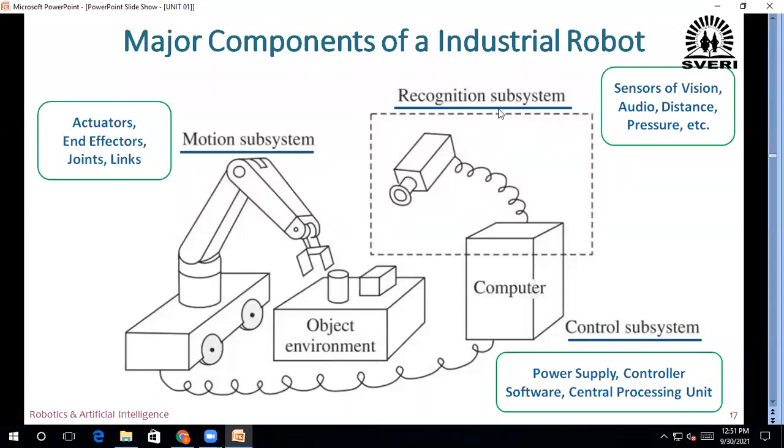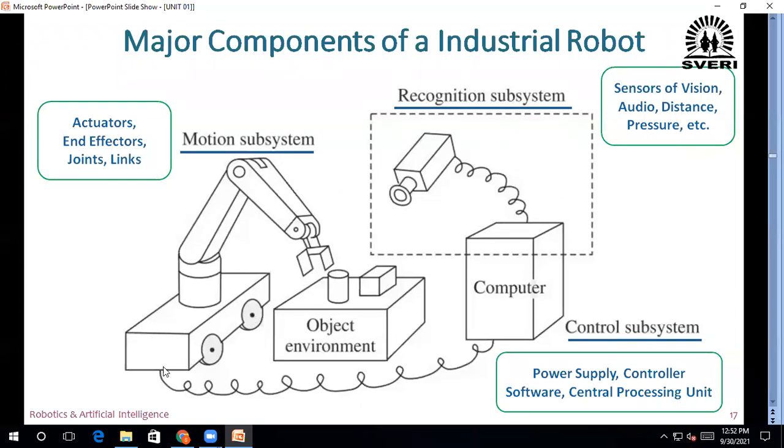Next is the recognition subsystem, in which sensors of vision, audio, distance, pressure, etc. Next is the control subsystem, in which power supply, controller, software, and central processing unit is there. Whatever different parts of the robotic system are there, they are divided into these three subsystems. We will see one by one.